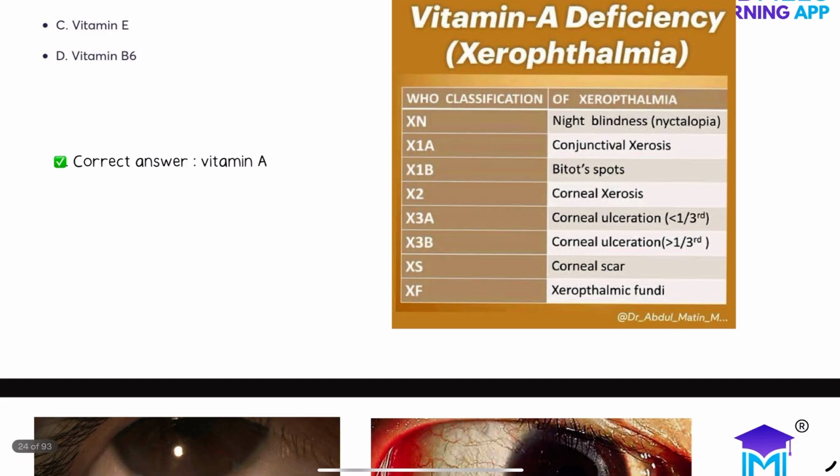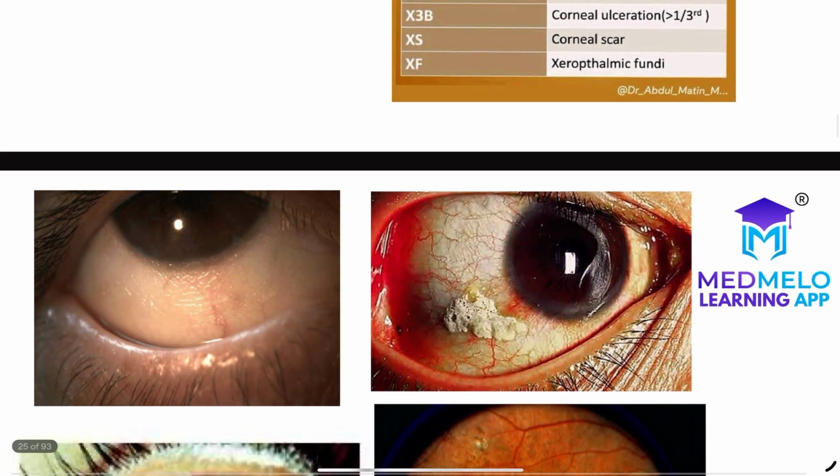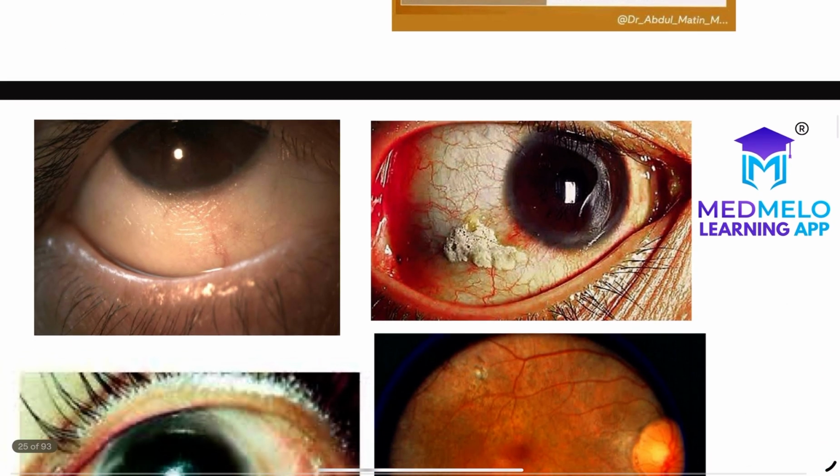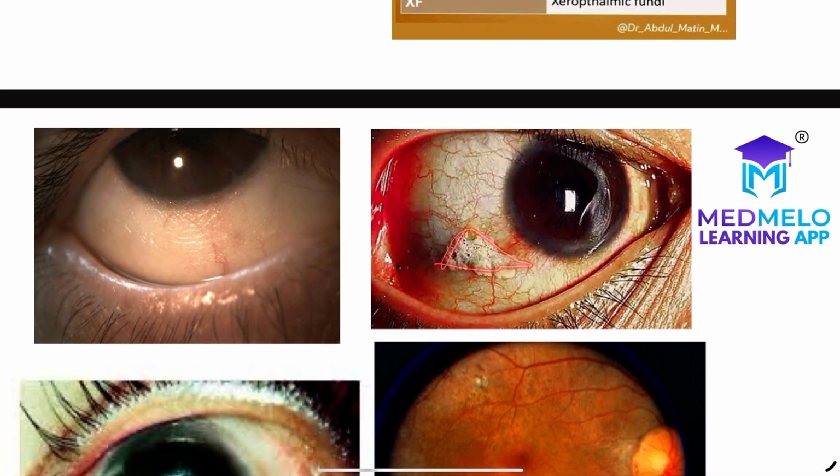Next, X1B is Bitot's spots. We can see foamy, triangular-shaped lesions in the temporal part of the eye. That is the Bitot's spots, the foamy white triangular patch.